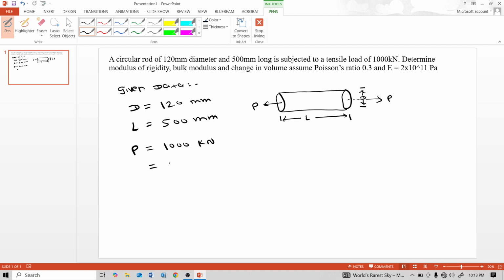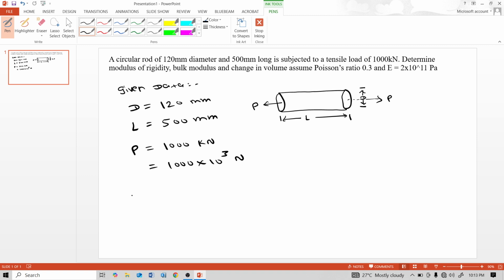That means 1000 into 10 raised to 3 Newton, since 1 kilonewton is equal to 10 raised to 3 Newton. Determine modulus of rigidity, bulk modulus, change in volume.